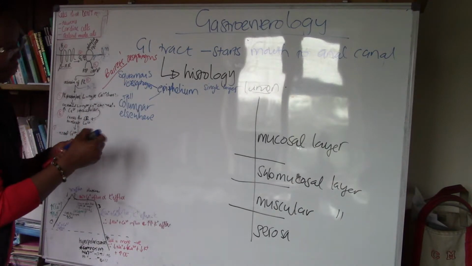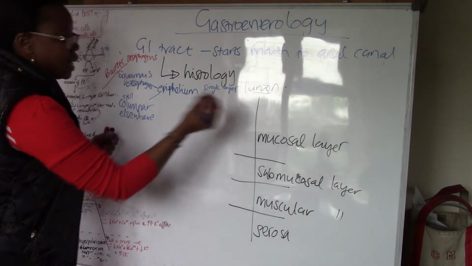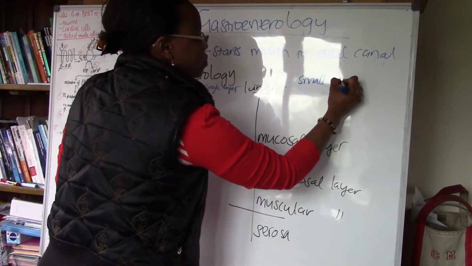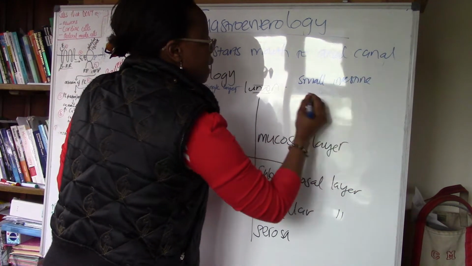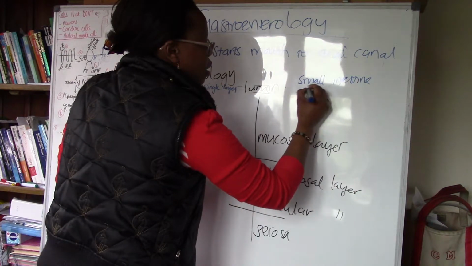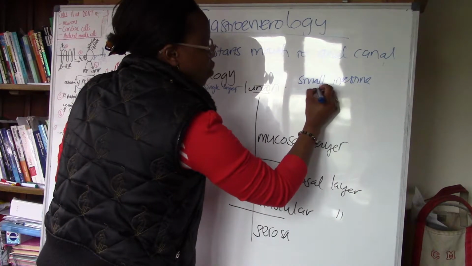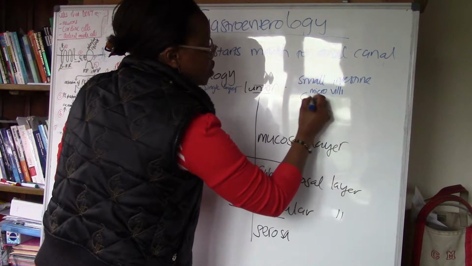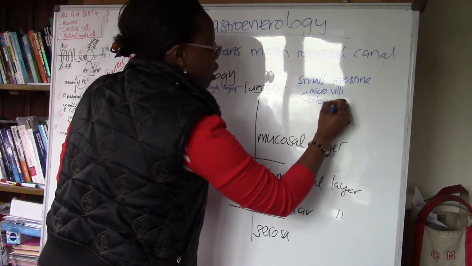The epithelium in the small intestine has microvilli, which is a brush border.